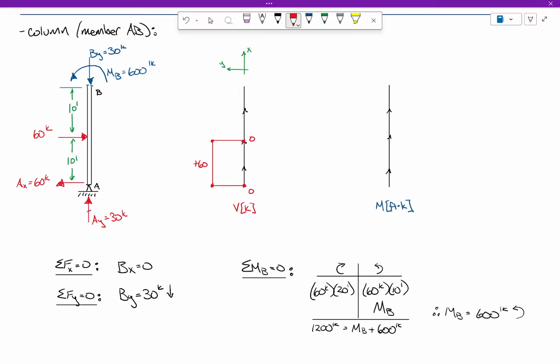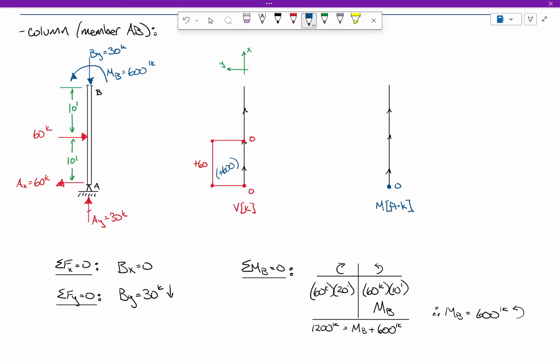Okay, same idea, we integrate. So 60 times 10 plus 600. So if we start at 0 for our moment diagram, can somebody else tell me, because I already called on you, what does the moment diagram look like? What's it look like from here to halfway up?